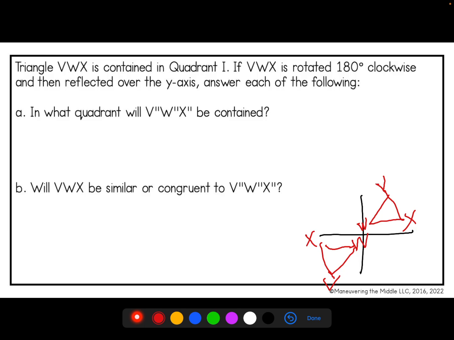And now we're going to flip that over the y-axis. So it'll come over here. In reality, these should be primes and double primes, right? Well, I think we answered our question there.